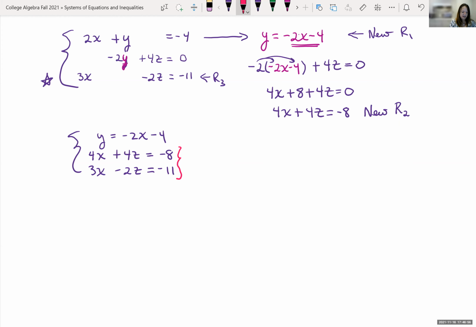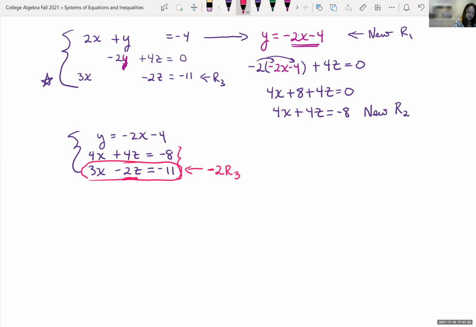And so notice if we multiply this third row by a 2, I can make this a -4z, and adding it to that 4z in the equation above, that z would go away. So let's rewrite this, multiplying this whole row by -2.